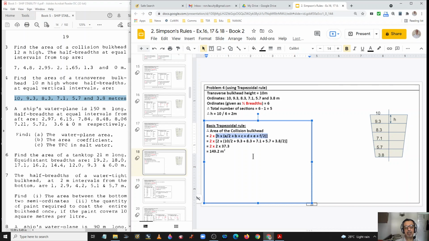So 2 times, since we have to double up, H is also equal to 2 multiplied by the first ordinate is 10, so 10 divided by 2 plus 9.3 plus 8.3 plus 7.1 plus 5.7 plus half of the very last ordinate, that is 3.8. Thus, basis trapezoidal rule, the area of the collision bulkhead is equal to 149.2 square meters.